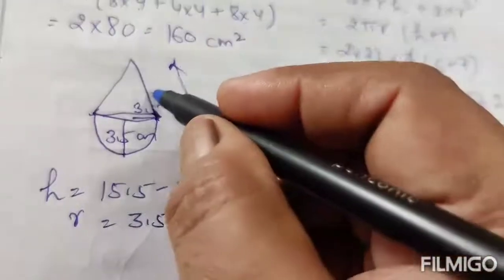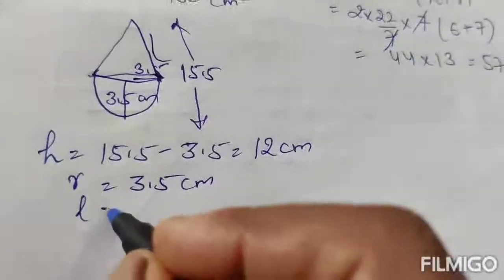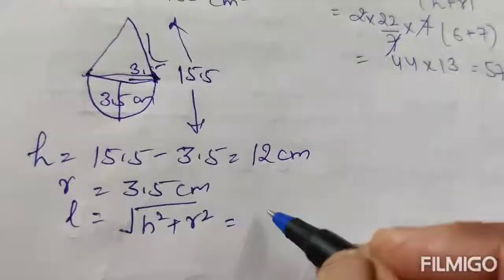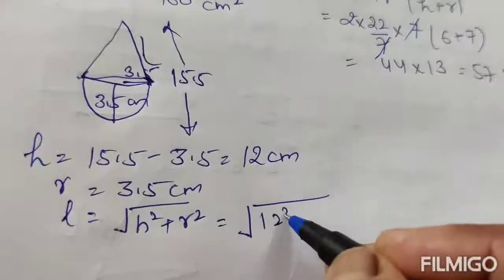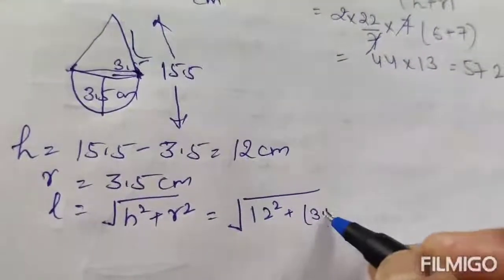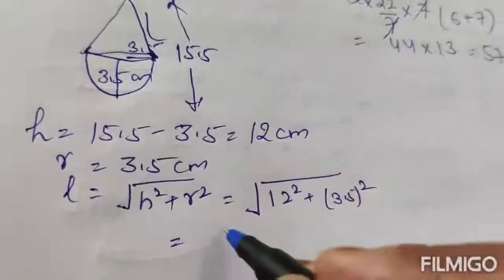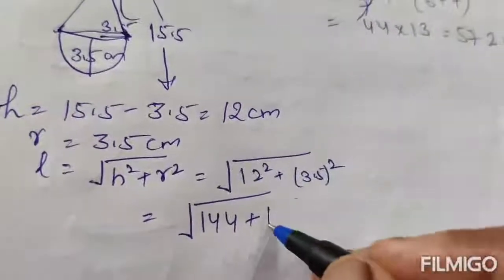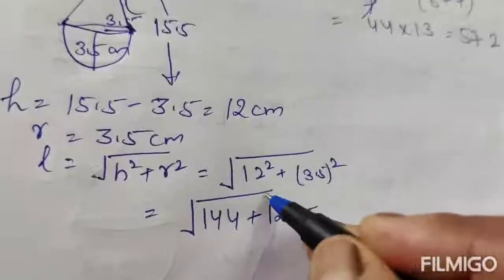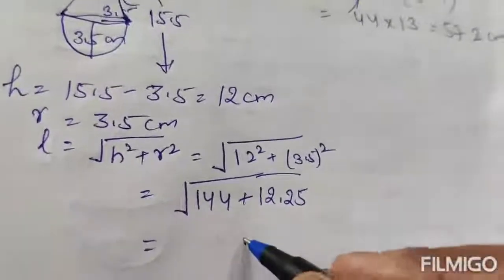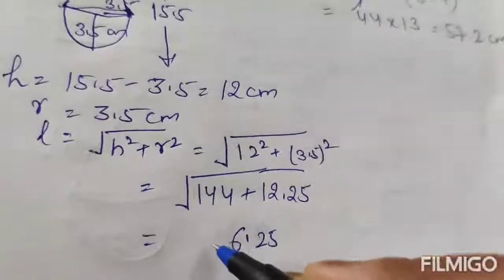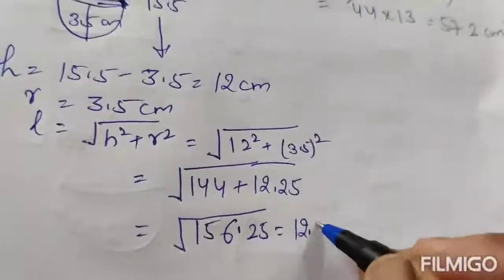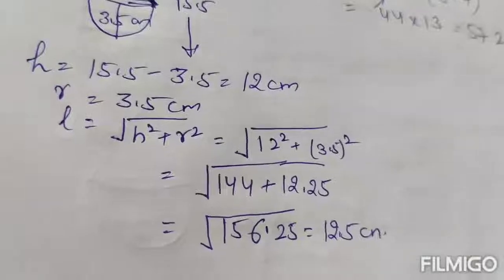First we have to find the slant height l. l equals under root h square plus r square, which is 12 square plus 3.5 square. 12 square is 144 plus 12.25, which gives 156.25. Under root of this is 12.5 centimeters.